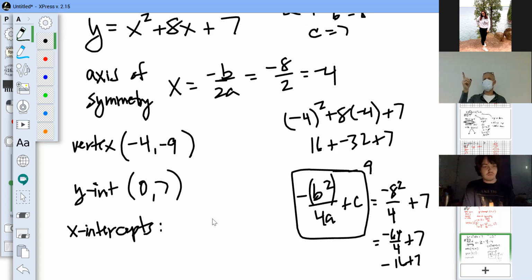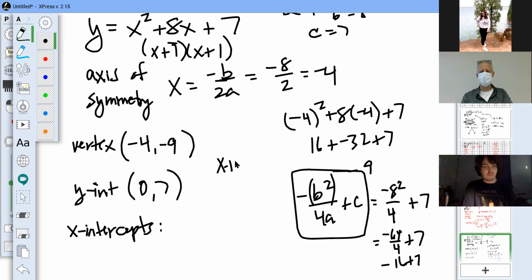However, I want you to always look at the problem first. Does x squared plus 8x plus 7 factor really fast? It factors to (x plus 7)(x plus 1). And if I set these equal to 0, remember we were solving quadratics by setting them equal to 0, and finding those gives your x-intercepts. So your x-intercepts are going to be negative 7 and negative 1.